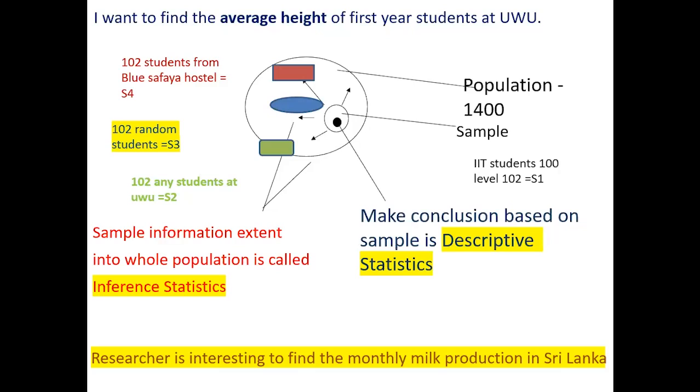Then, according to the problem, clearly identify what your population is. That is very important. From the population, we can decide what the desired sample is. Okay. Hopefully you got the idea, right?